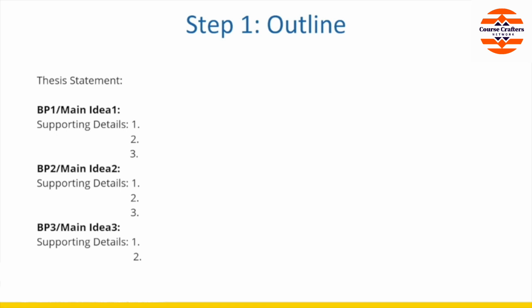And now we are going to discuss Step 1, creating an outline. In your outline, you can include the following things you see on the slide. So we have thesis statement, body paragraph 1, body paragraph 2 and 3, and also supporting details for each point. As you remember, our thesis statement explains to the reader what type of essay you have.